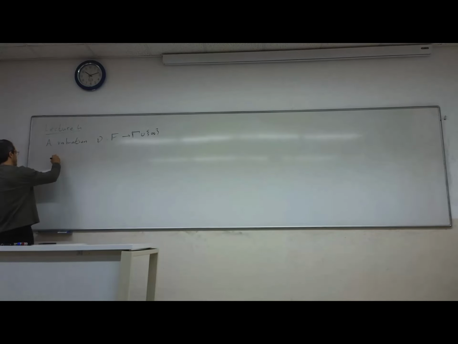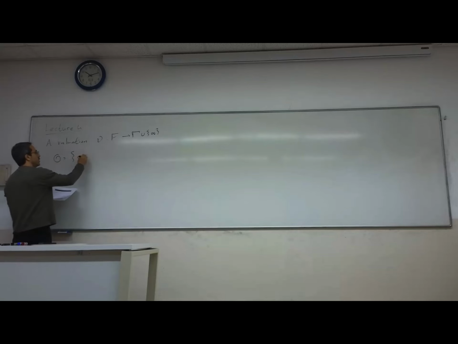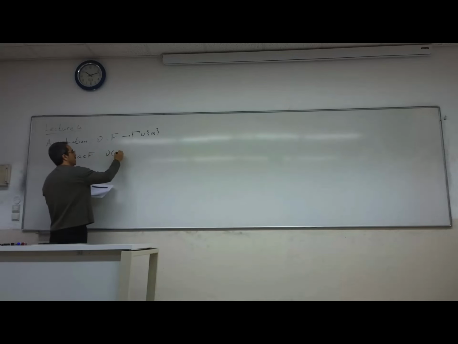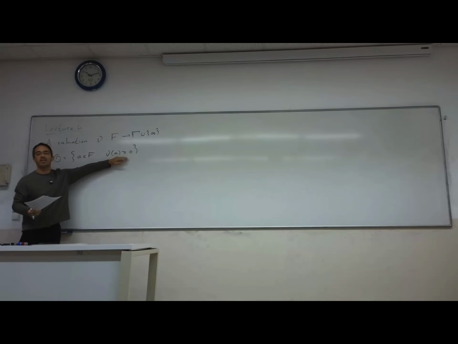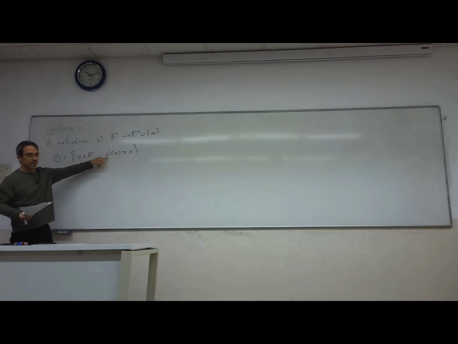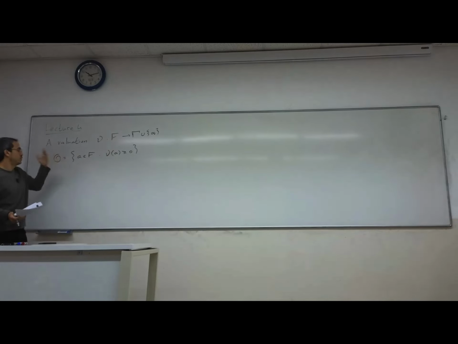With a valuation, you have this valuation ring, which consists of all functions for which the valuation of that element is non-negative, which we think of as this element being defined at that point. And so this ring is the set of all functions that are defined at some ambient point that we are abstracting.